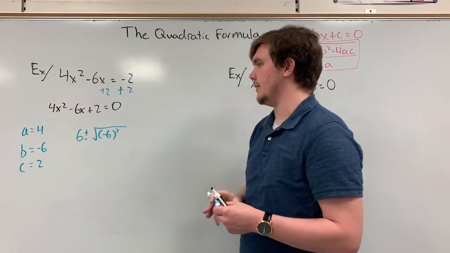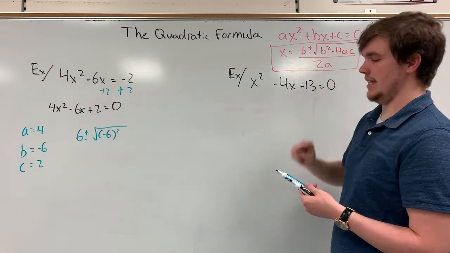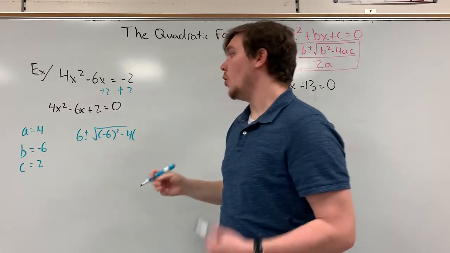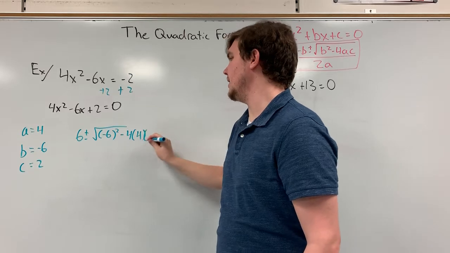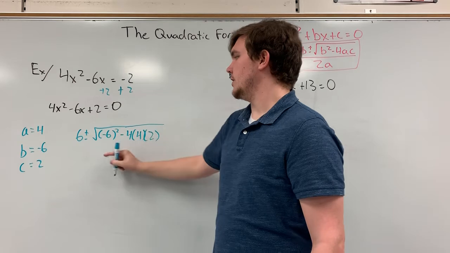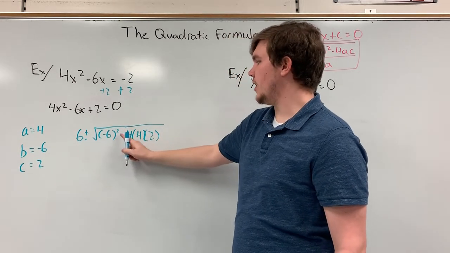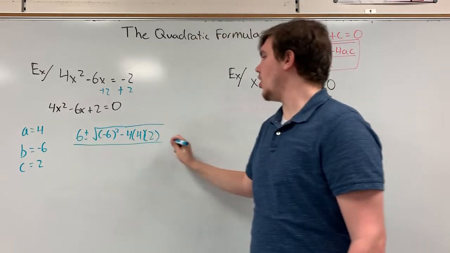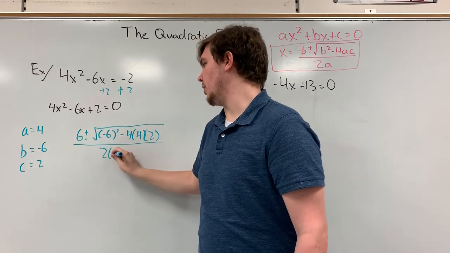They trick us sometimes. So b squared minus 4ac: minus 4 times a, which is 4, and then c is 2. So I have the opposite of b plus or minus the square root of b squared minus 4ac so far, and I still need all over 2 times a, which is 4.